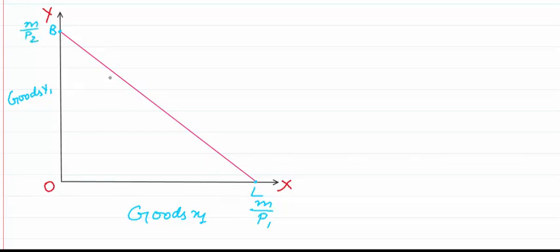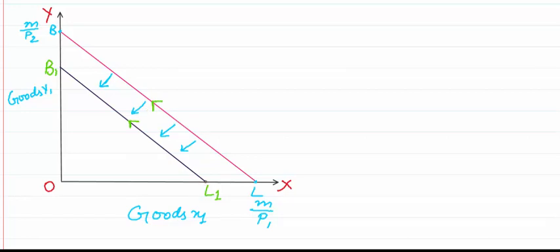Since there is a decrease in income of the consumer due to imposition of lump sum tax, we can say that the budget line will shift parallelly inward. Here we have the new budget line B1 L1. Now B1 L1 is parallel to BL, the original budget line.